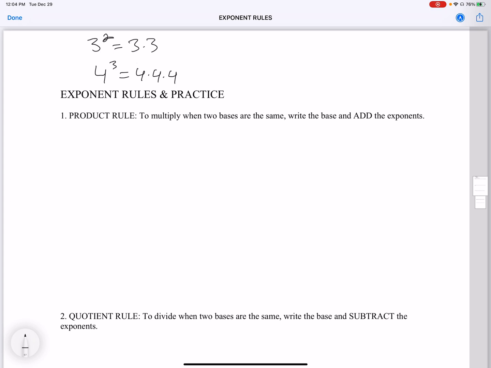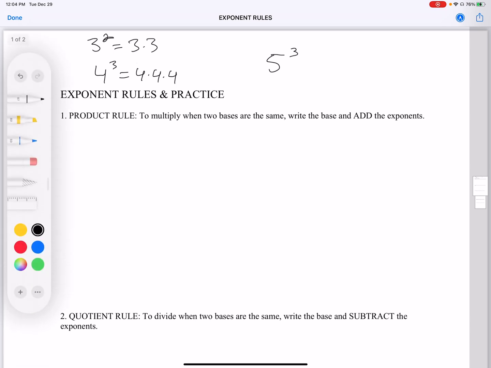But just to cover, the base is the number that's being raised to a power. The exponent is the actual power. So again, in this case, 5 to the third or 5 cubed, this is my exponent or my power.